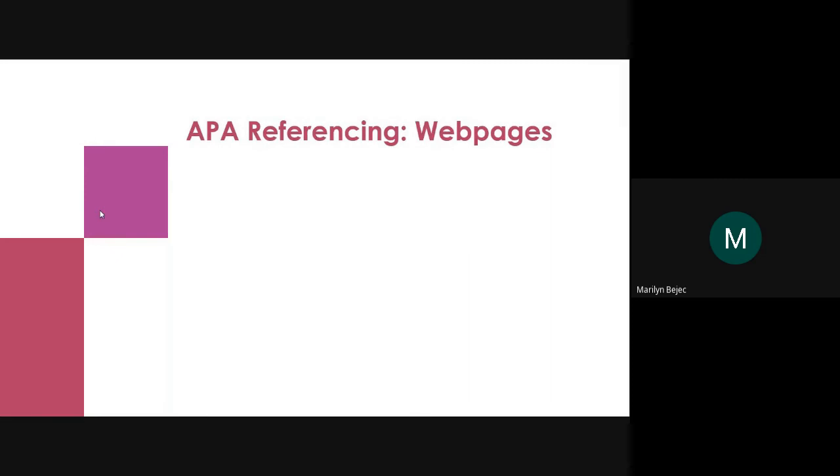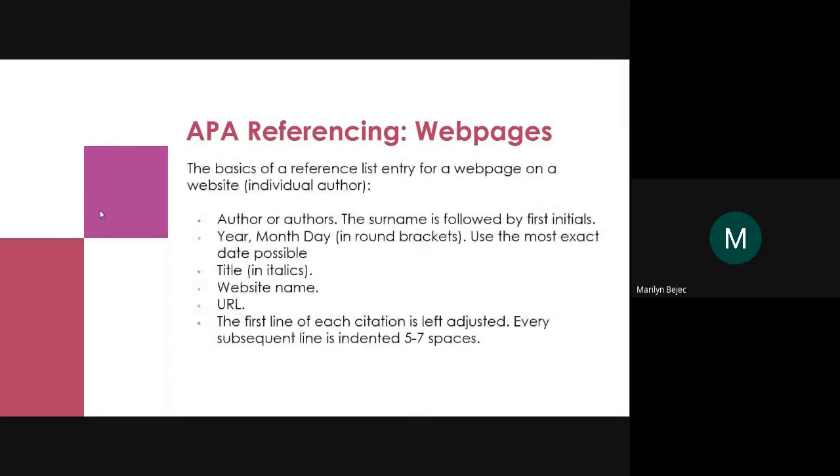For web pages, what are the basic things that we should remember? In the basic reference list entry for a web page on a website for an individual author, you write the author's surname followed by his first initial, then the year and month in round brackets.